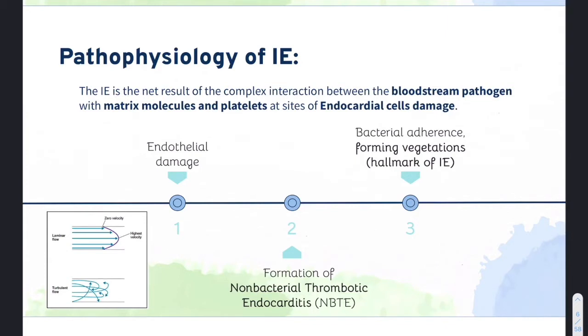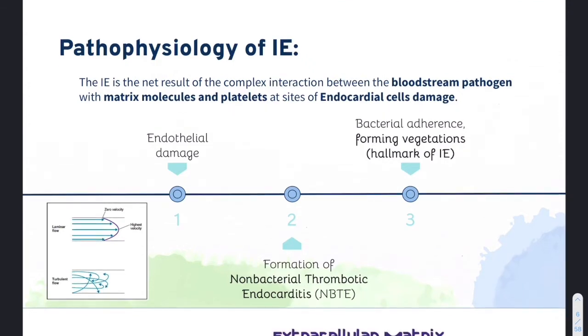And after that, if there is an invasion of the bloodstream by microbial species with a pathogenic potential to colonize at the site, which is the endocardium, it will result in the proliferation of bacteria within the non-bacterial thrombotic endocarditis, forming vegetation, which is the hallmark of infective endocarditis. Vegetation is an abnormal growth.